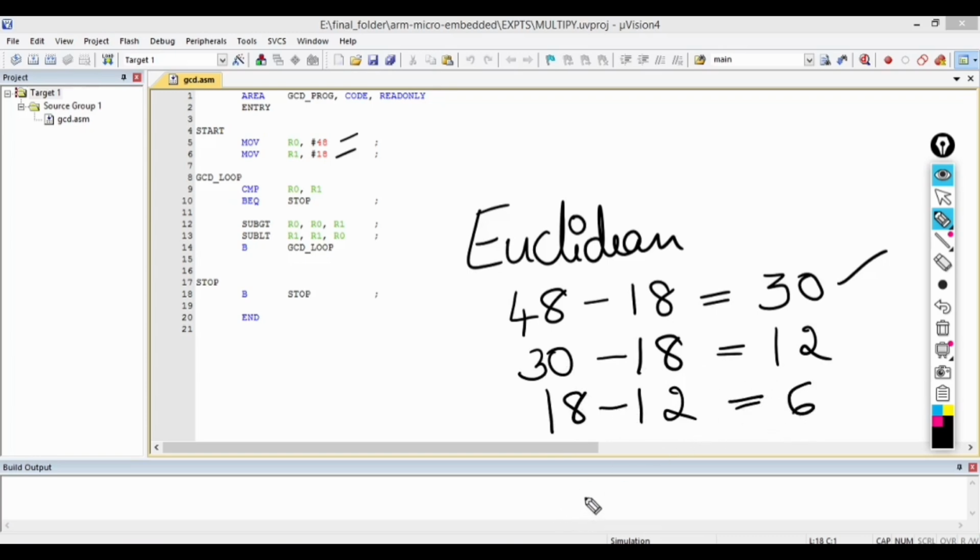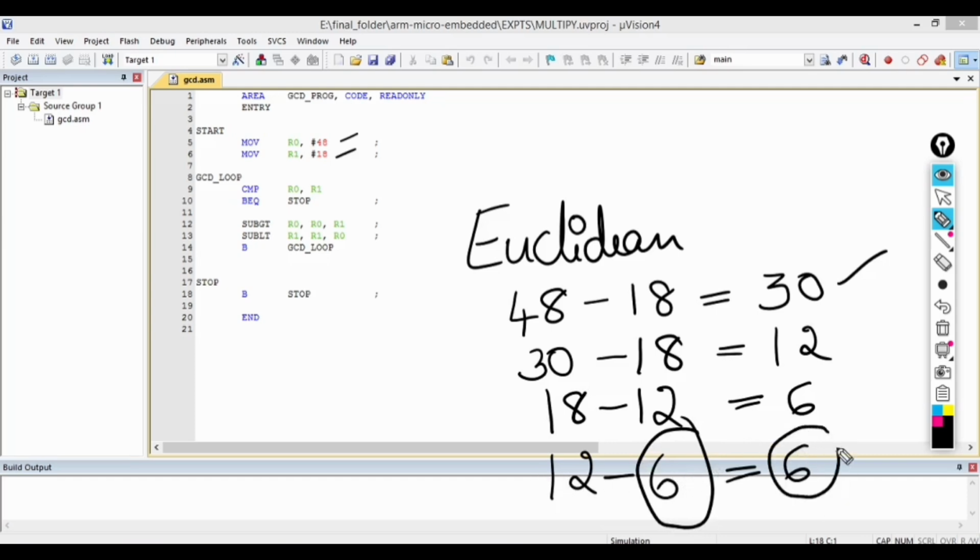Now the next step, what will happen? The lowest among these is 12, and 12 minus 6 gives the answer 6. Now if we notice here, the lowest number we have and the result we have obtained are actually equal. This number itself is the answer we are searching for.